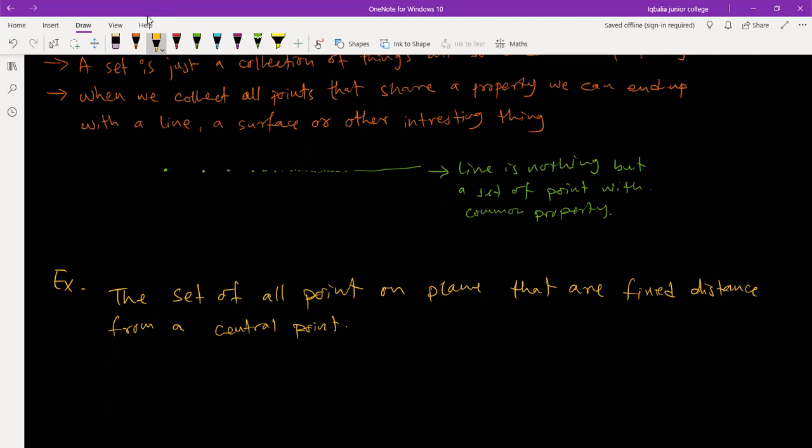So can anybody tell me what the statement is? The set of all points on a plane that are a fixed distance from a central point.